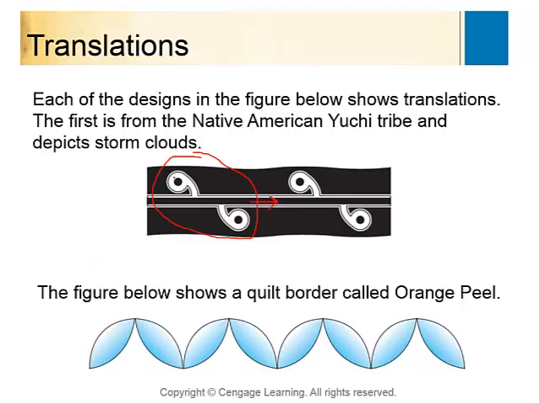Now you could look at an individual piece, in which case that's going to involve something that's a little trickier. But as far as a translation goes, I could take this chunk right here and move it along this straight line, and I would say that's a translation.